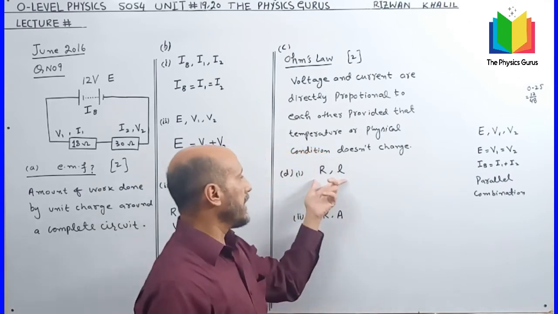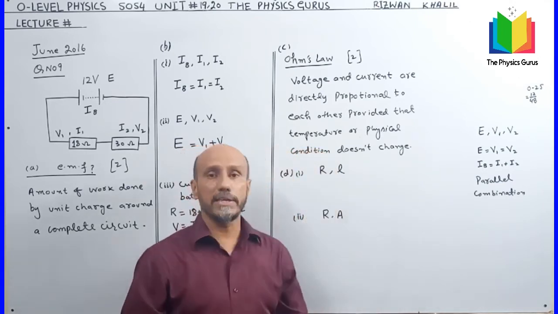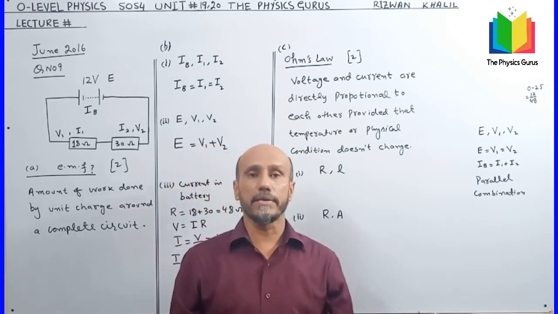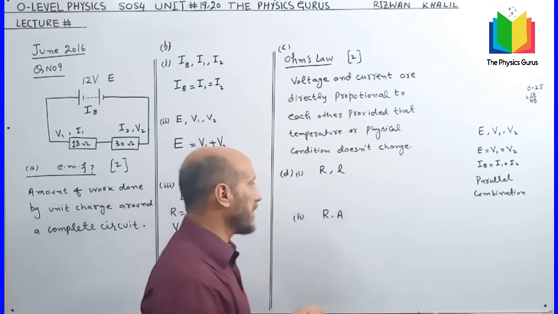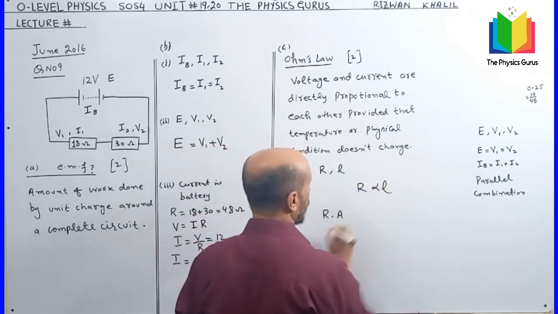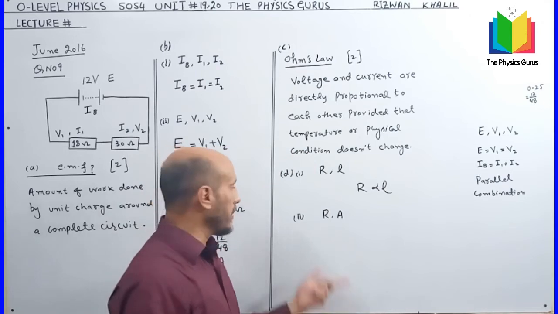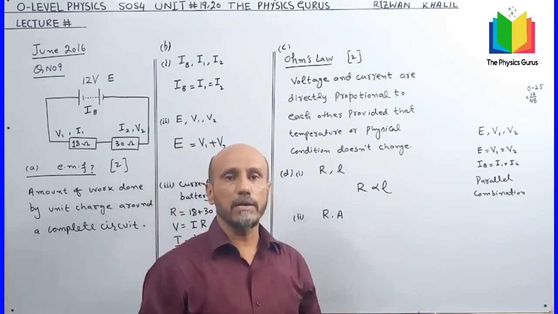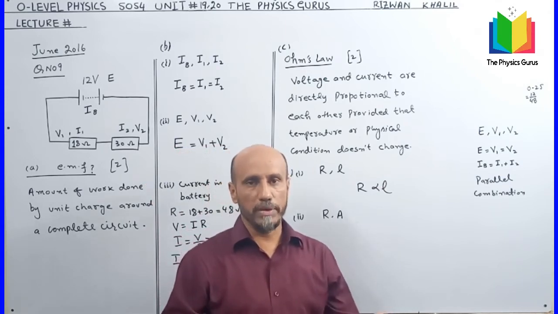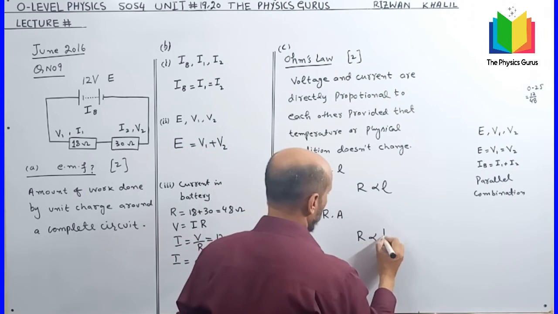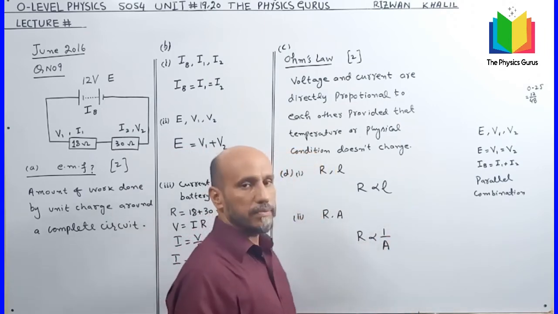Then it was asked what the relation is between resistance and length of the conductor, and we have studied that both are directly proportional to each other. And what was the relation between resistance and cross-sectional area of the conductor? It was inversely proportional, that is, resistance and cross-sectional area are inversely proportional to each other.